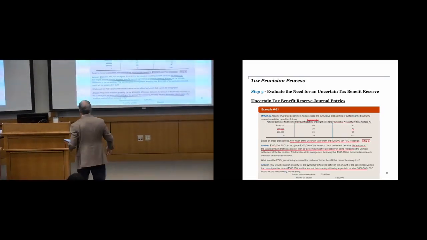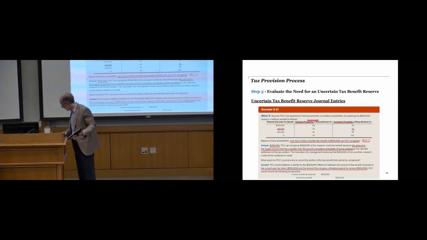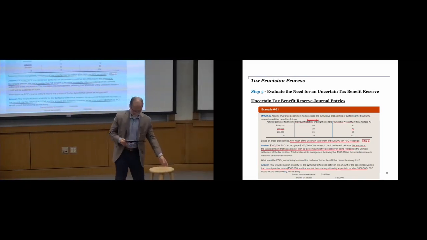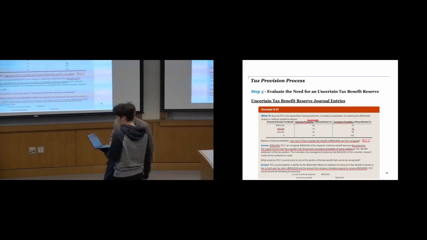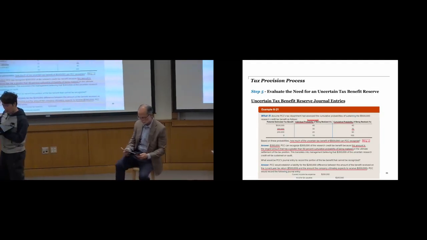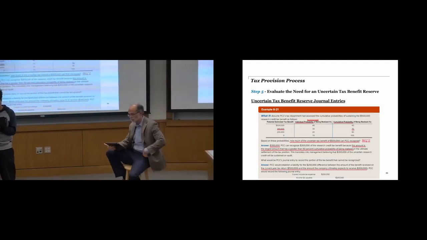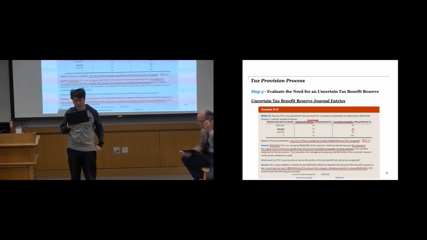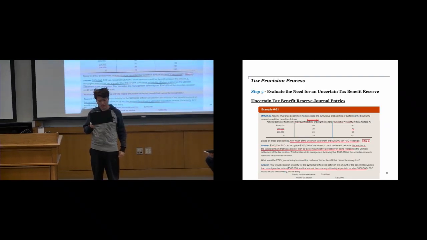621 is debit. So for 621, assume that PCC tax department has assessed the cumulative liability of sustaining the 500K research project as follows. So based on the listed probabilities, how much uncertain tax benefit of 500K does PCC recommend?